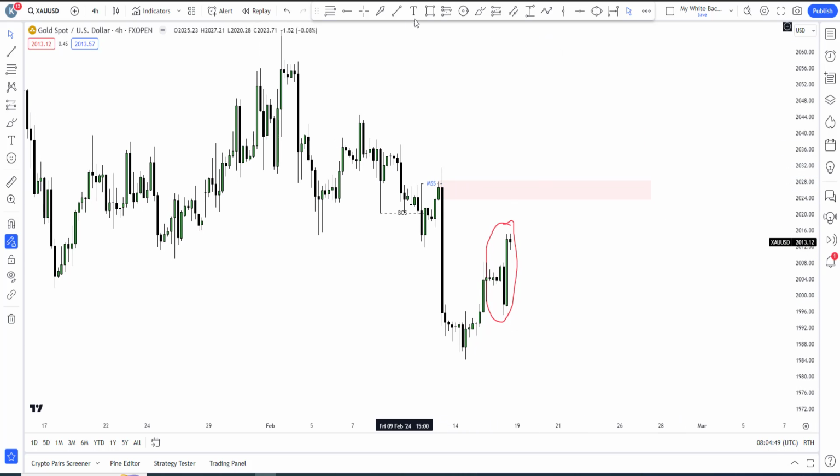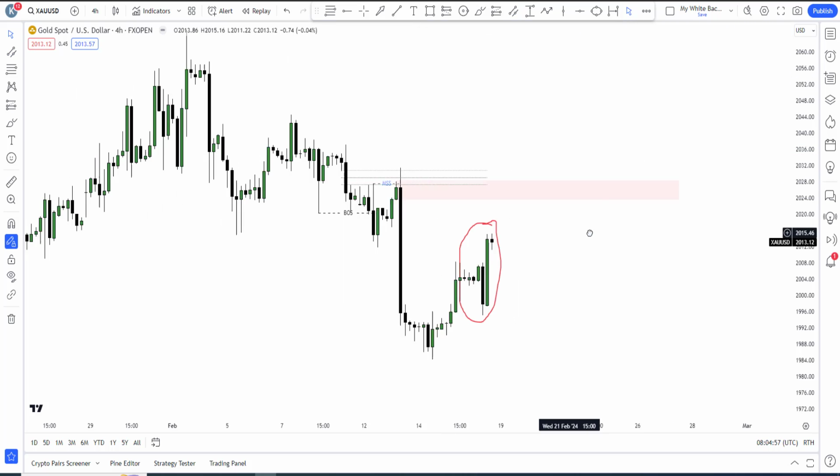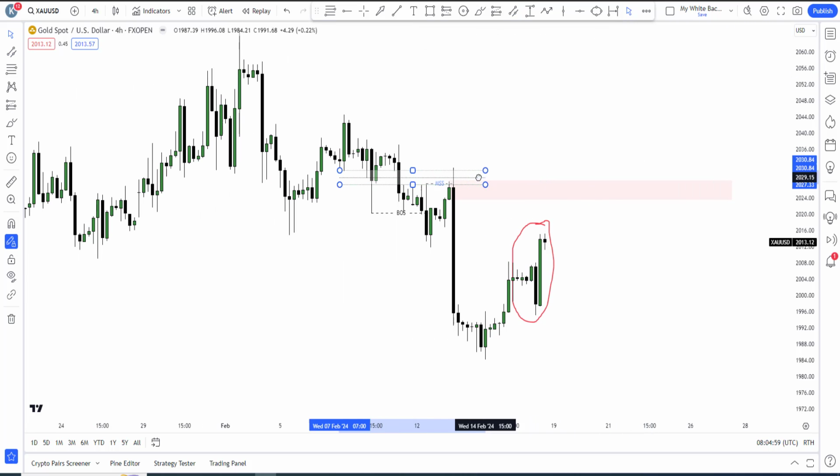Price was just targeting this fair value gap while creating inducement above here. So price just targeted the area and then hit that fair value gap before crashing. So you may not see the whole picture in the lower time frames. That is why you need to reduce your data and do your structure within a short environment, and then the higher time frame gives you the entire perspective.